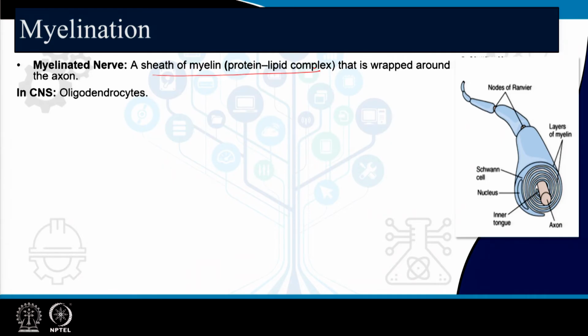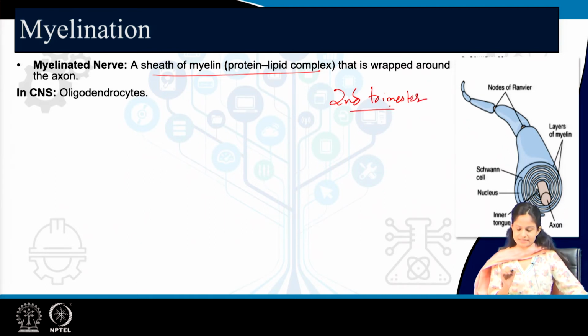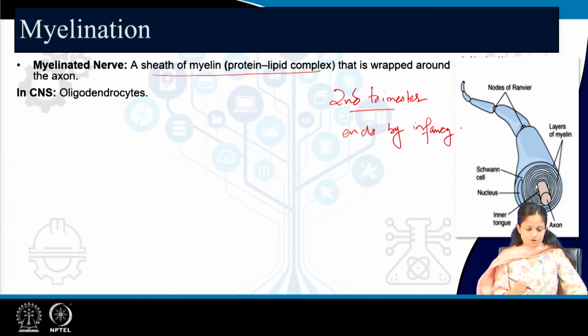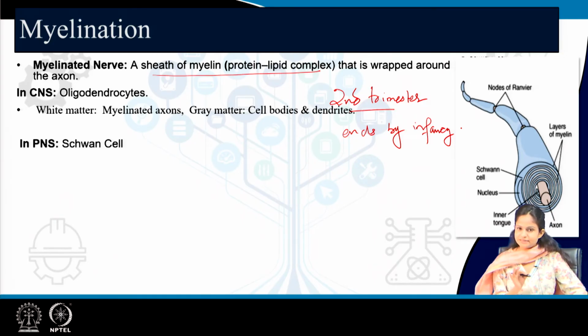This sheath of protein lipid complex starts usually at the beginning of the second trimester, or myelination starts by the second trimester in utero, and it usually gets completed by infancy. So in the CNS, as I told you, the oligodendrocytes usually constitute this myelination. In the peripheral nervous system, it is mainly the Schwann cells.